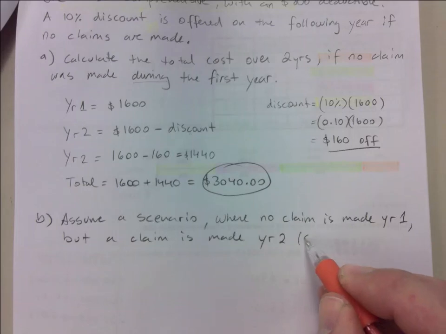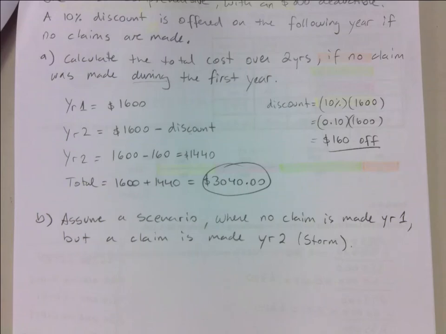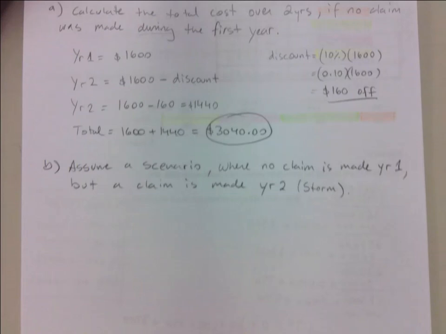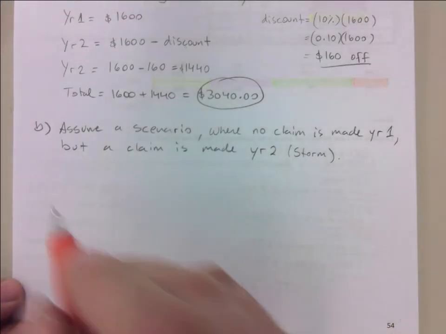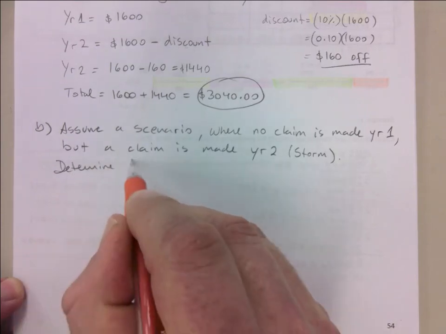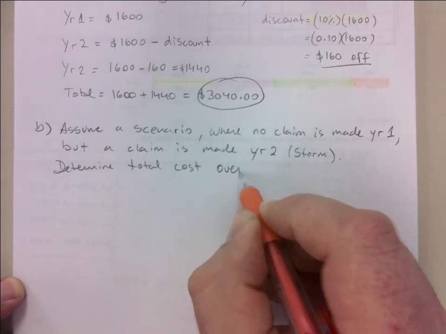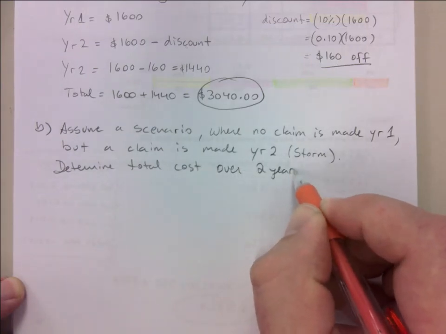Okay? Then let's say there was a storm and something happened, right? And you had to determine total cost over 2 years.